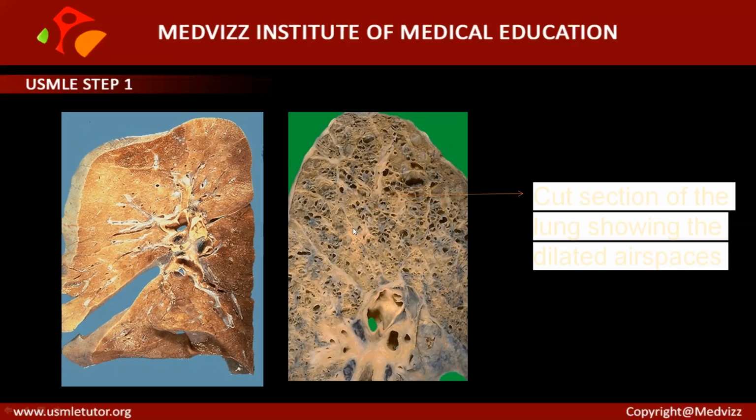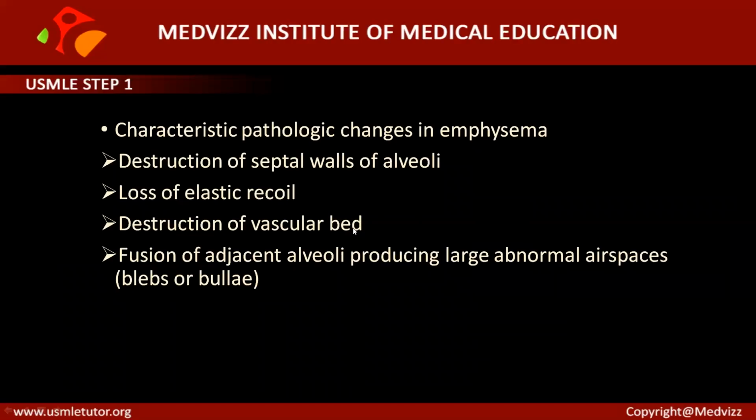So now let us see what the characteristic pathological changes in emphysema are. There are 4 important points you need to remember. First is the destruction of the septal walls of the alveoli, or in simple language the destruction of the alveolar walls, which form the septum between each alveolus. Second is the loss of elastic recoiling capacity of the lung because of damage to the lung parenchyma and loss of elastic fibers.